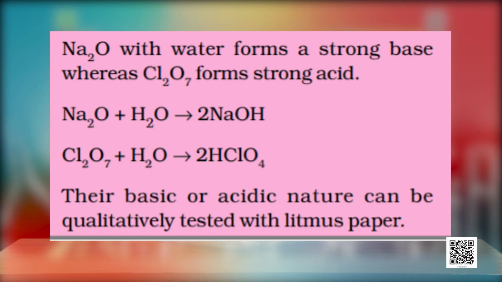Sodium oxide forms sodium hydroxide, a strong alkali, and Cl2O7 forms perchloric acid. We can confirm basic and acidic nature by using the litmus test. Sodium oxide will change the color of red litmus paper to blue, indicating its basic nature, and perchloric acid will change the color of blue litmus paper to red, indicating its acidic nature.